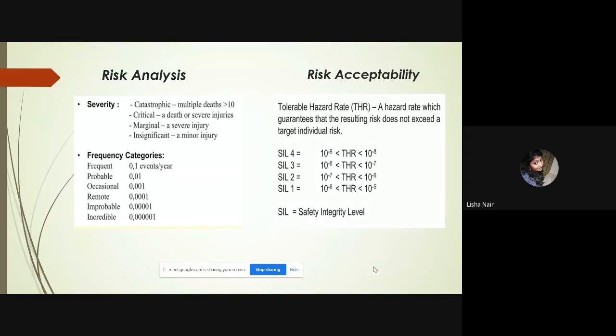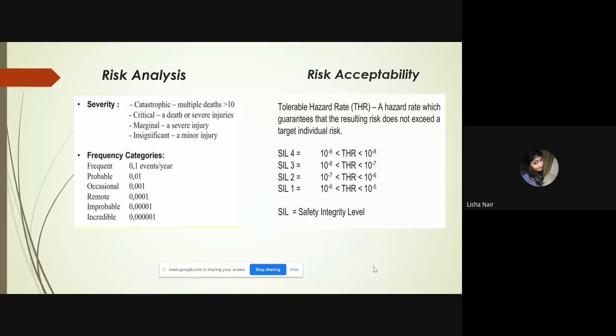After the risk analysis is done, we define a tolerance for each level. We say that the catastrophic is the most severe level. Here, if you see SIL 4, that is considered the most severe level. SIL is nothing but safety integrity level. When it's most severe, you define a limit, and that limit is considered your severity tolerance.